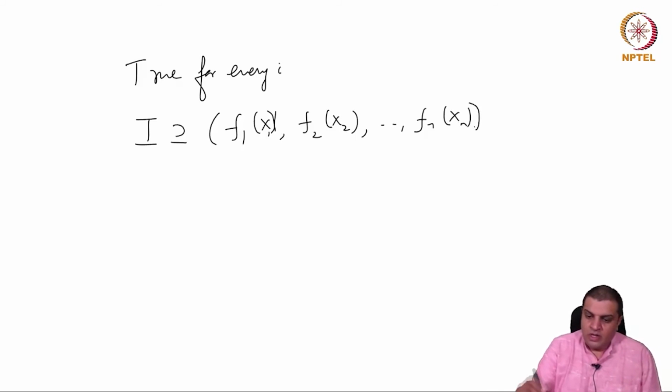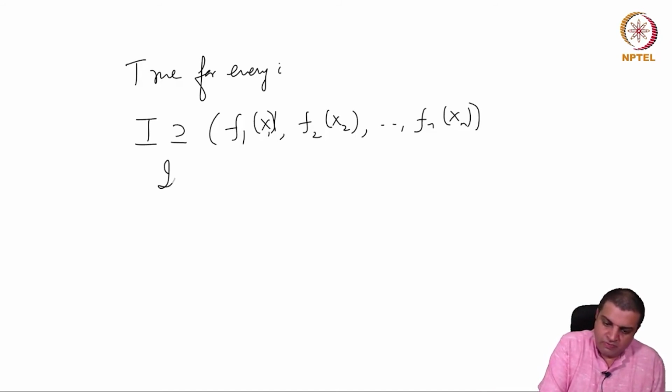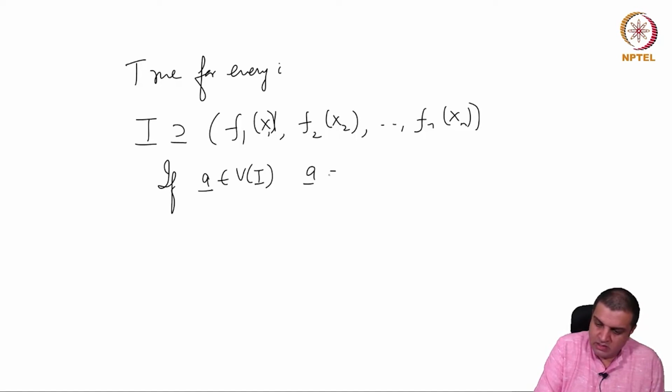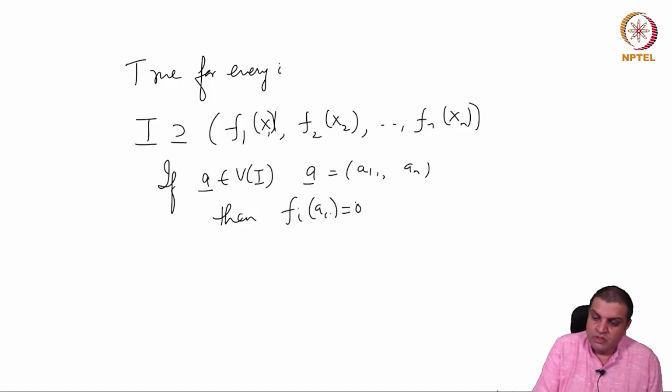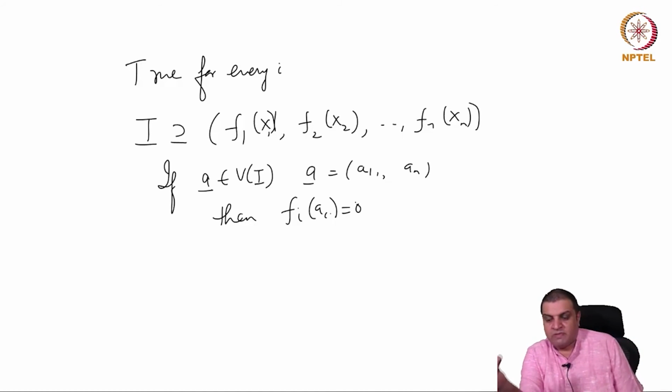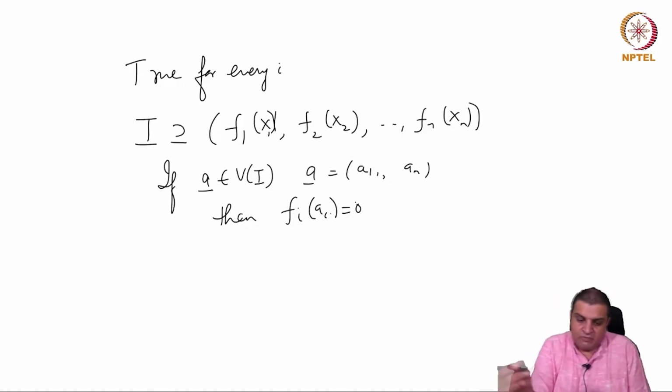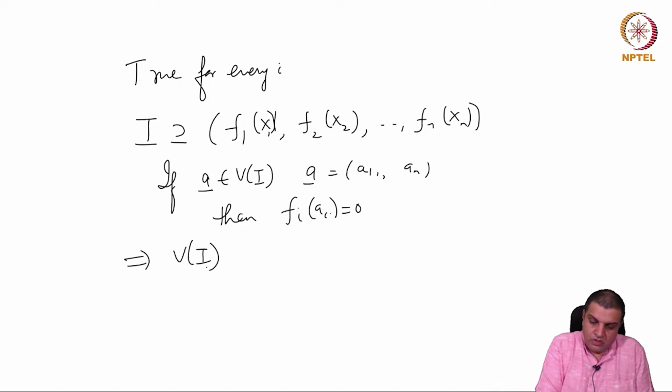Now, if some point in K^n has to satisfy all of these things, the first coordinate can only take finitely many values depending on this condition, finitely many values depending on this condition for the second coordinate, and so on. So if A is inside V of I, let's say A is a1 through an, then fi of ai is 0, which means that ai has to come from a finite collection, and therefore V of I is finite.